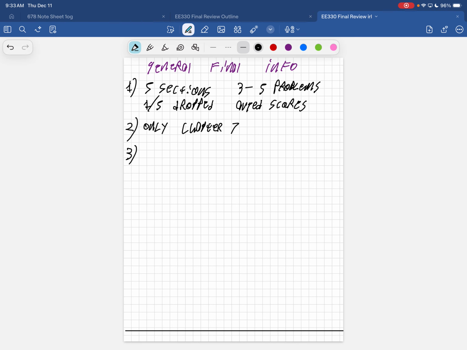Number 3, material similar to project 2, homework 7. In my opinion, homework 7 doesn't give you enough basis for BJTs. So if you want to study BJTs on your own, maybe just pretty traditional stuff. I'll also go over one of those problems at the end here.